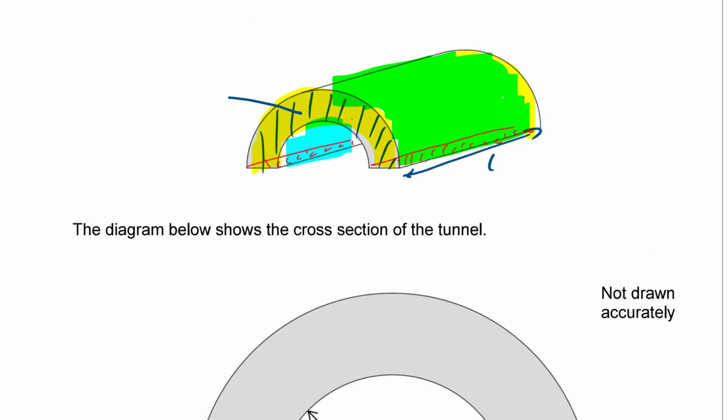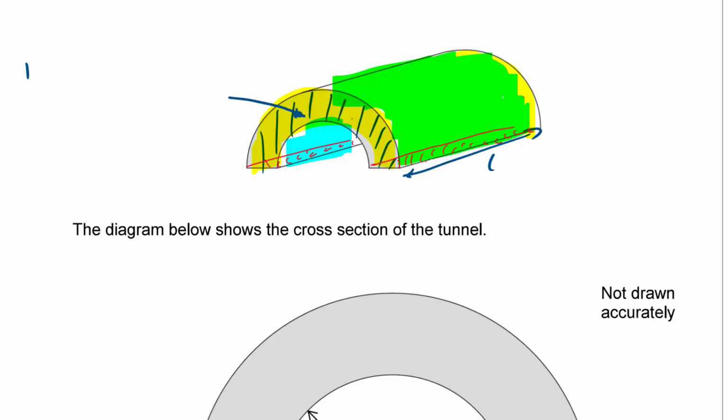So let's start with this bit here then. Okay, this kind of C-shaped part. So that is going to be half of a circle with a smaller circle cut out of the middle, isn't it?